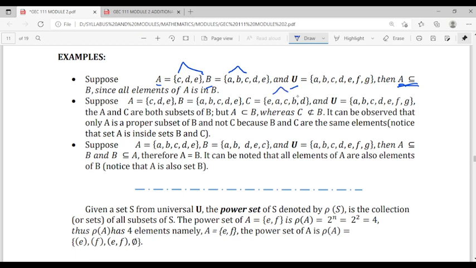If you observe, its elements are just rearranged, so B is the same as C. Last example, we have the sets A, B, and U, wherein A is a subset of B and B is a subset of A. Therefore, our sets A and B are equal.